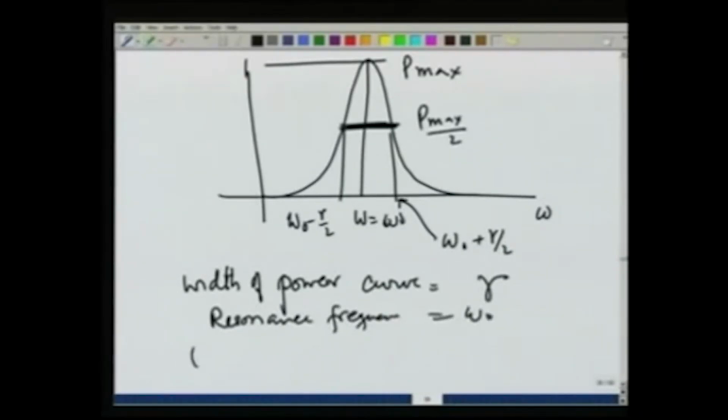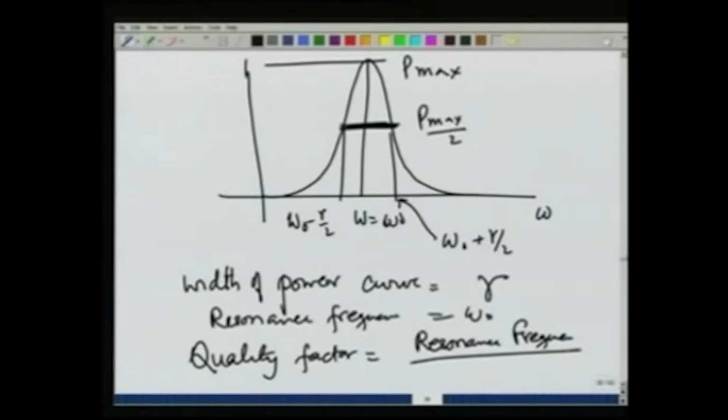You see right away that the quality factor is also related to the resonance frequency and the full width at half maximum. This is another way of looking at the quality factor Q that we had introduced in the previous lecture.